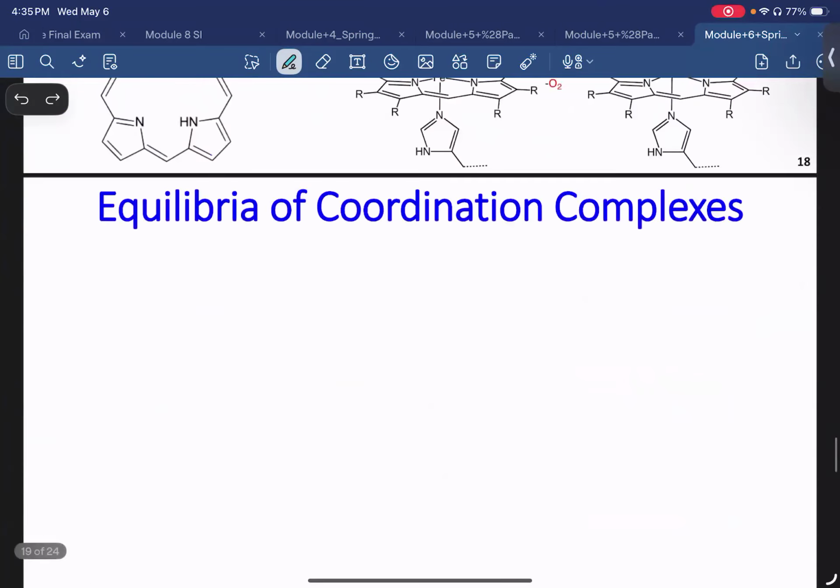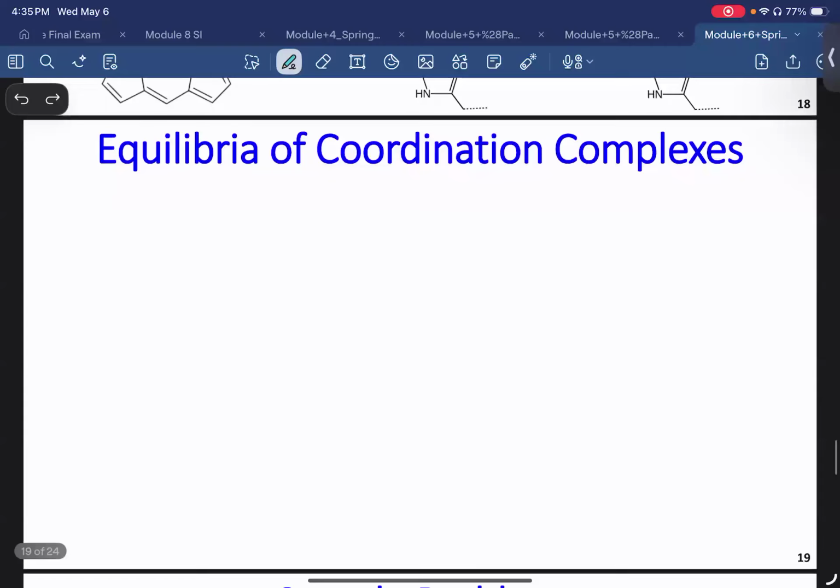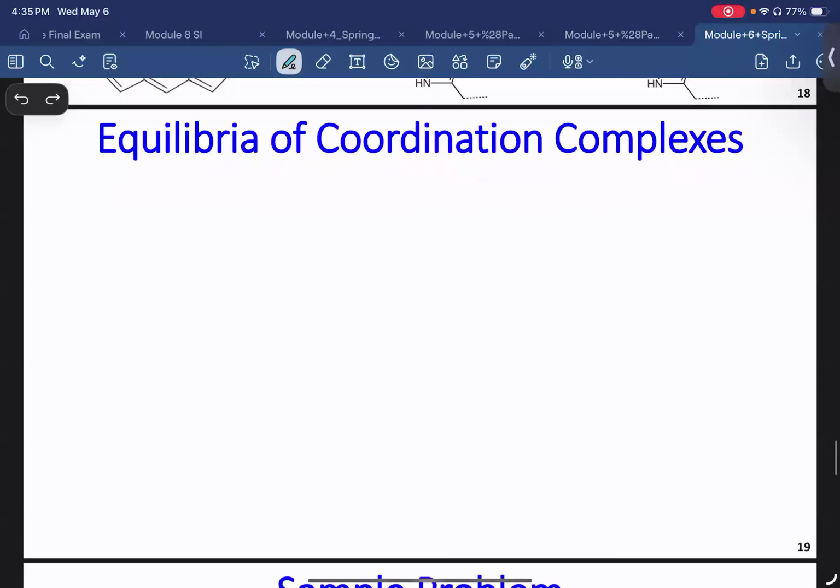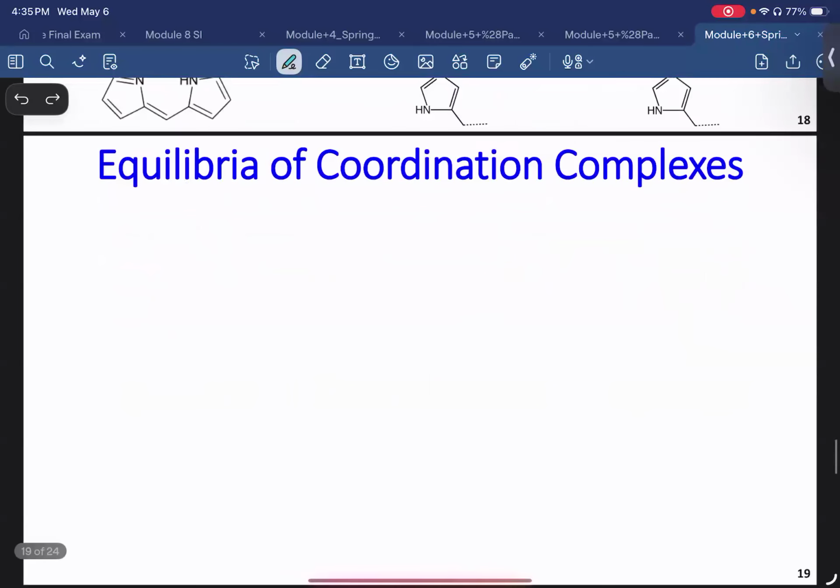These coordination complexes can have a Kf value. Let's say I have Ag, I think this was in class, NH3 2 plus. This will produce Ag plus NH3 2, and this is going to have an equilibrium.